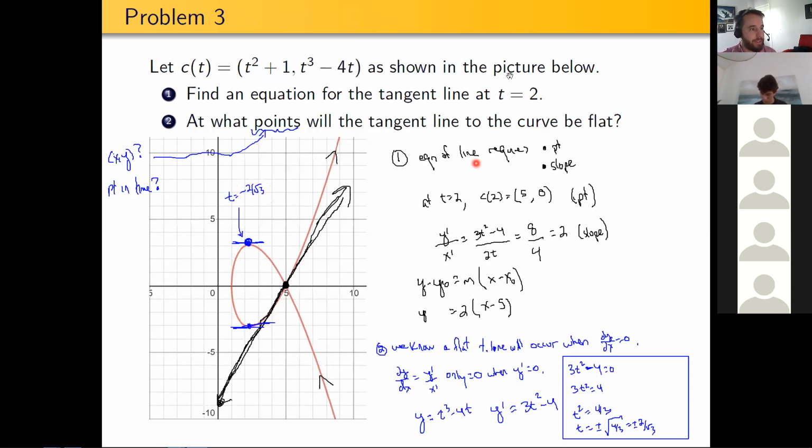So that point occurs when t equals positive 2 over root 3. And then we continue. So these are our 2 points at which our tangent lines are flat. And if we wanted to, we could turn around, take those t values, and plug them back into the original equation. And doing so would give us the corresponding x and y coordinates here.